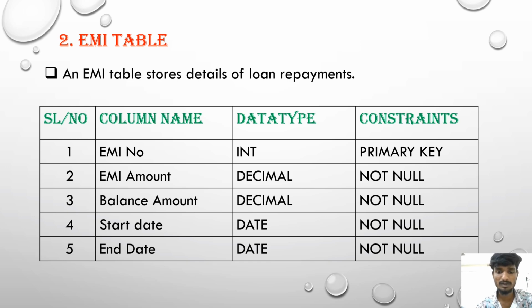Amount will be in decimal form, that's why I used data type as decimal. Constraints is not null. Balance amount. Amount is also balance amount also in decimal, so I have used data type as decimal. As well as start date and end date uses both the attribute as date as data type.